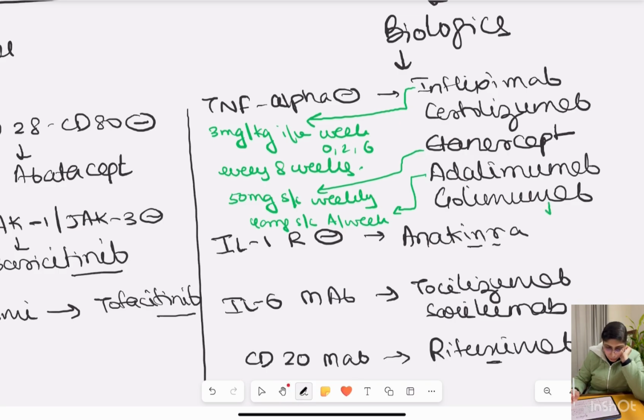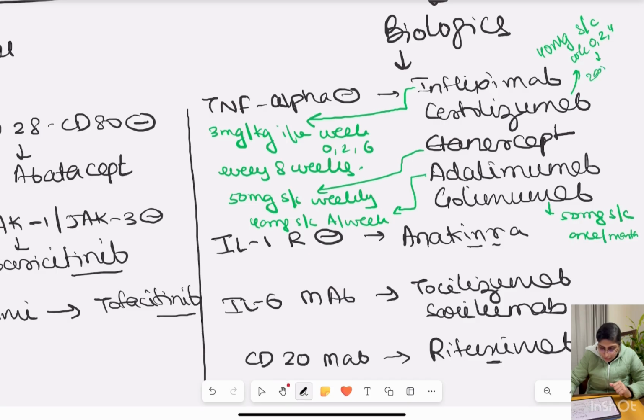Then we have golimumab, 50 milligram subcutaneous once in a month. So please remember, etanercept, adalimumab, golimumab are all subcutaneous. Even certolizumab is subcutaneous, and this is 40 milligram subcutaneous week 0 to 4, and then 200 milligram alternate week.